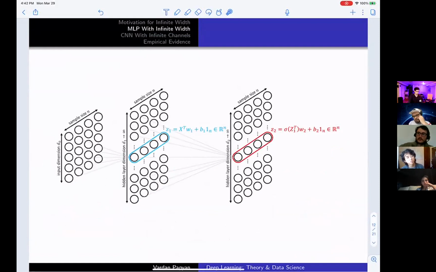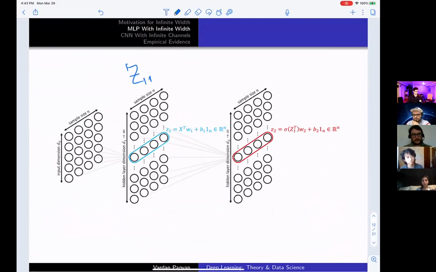So imagine that we take a certain Z1. So Z1 was a vector in Rn, right? And imagine that we construct a big matrix, which is called Z1.